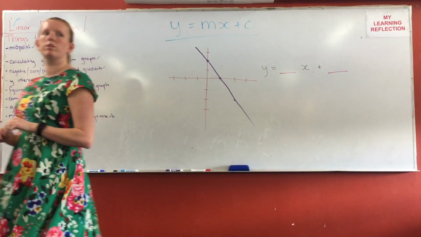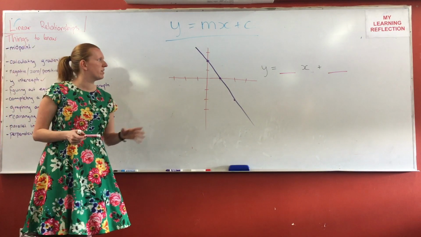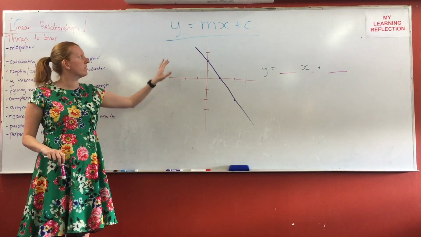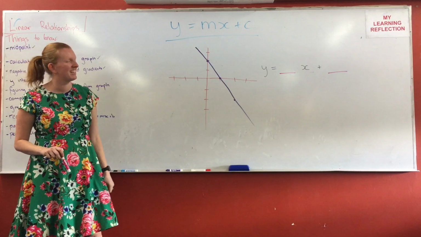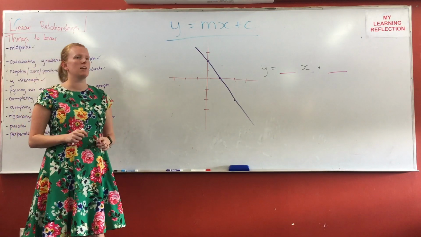Alright, now we want to do it with another line. Let's practice. The very first thing that I can see here, without having to calculate anything, is one of these things. What is my C on the end?